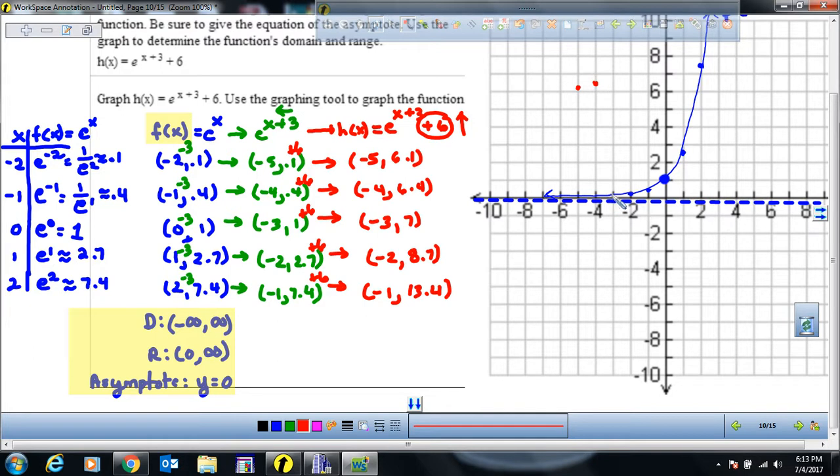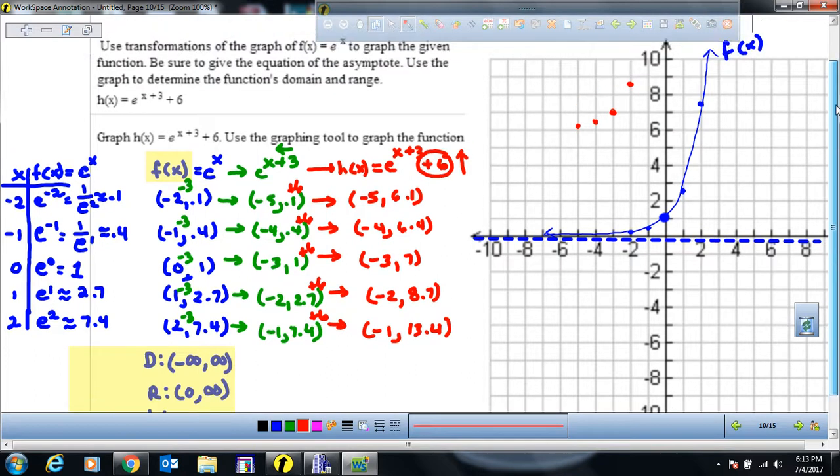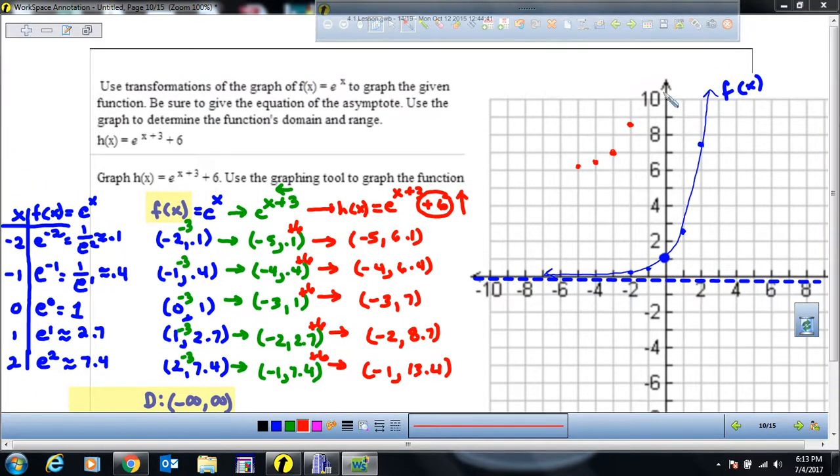Then negative 3, 7, it is right here. Then negative 2, 8.7, it is somewhere over here. And the last one we cannot see, which is negative 1, 13.4. So it would basically be somewhere up here. This is what the graph of this function h of x is going to look like.